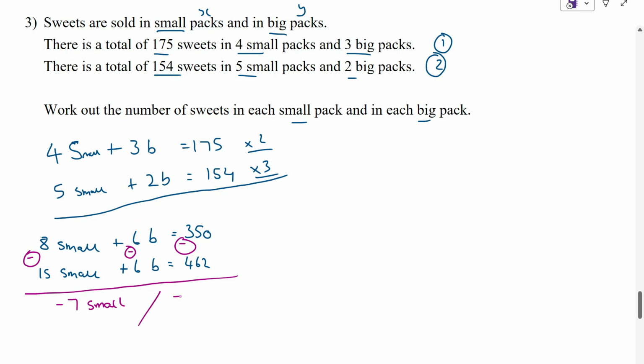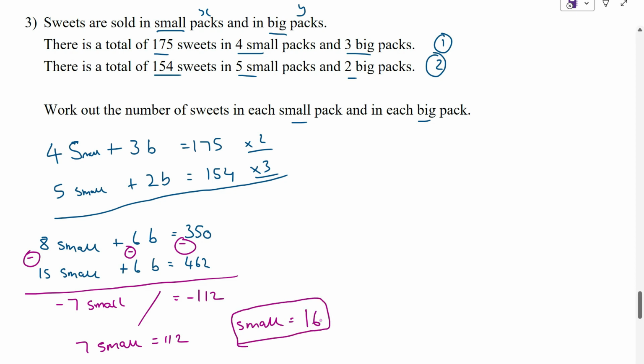These cancel out. This gives us minus 112. So let's get rid of the minuses. Now 1 small equals 112 divided by 7, which is 16.